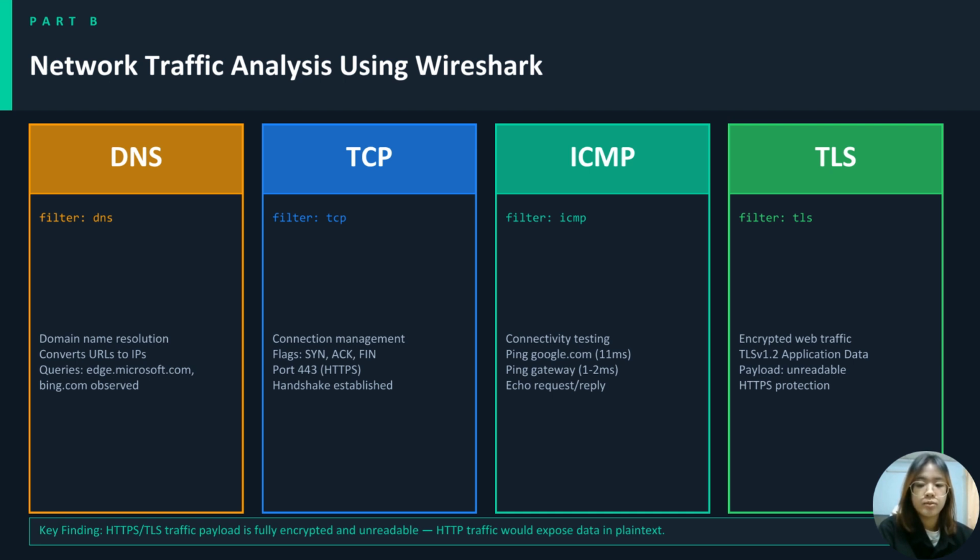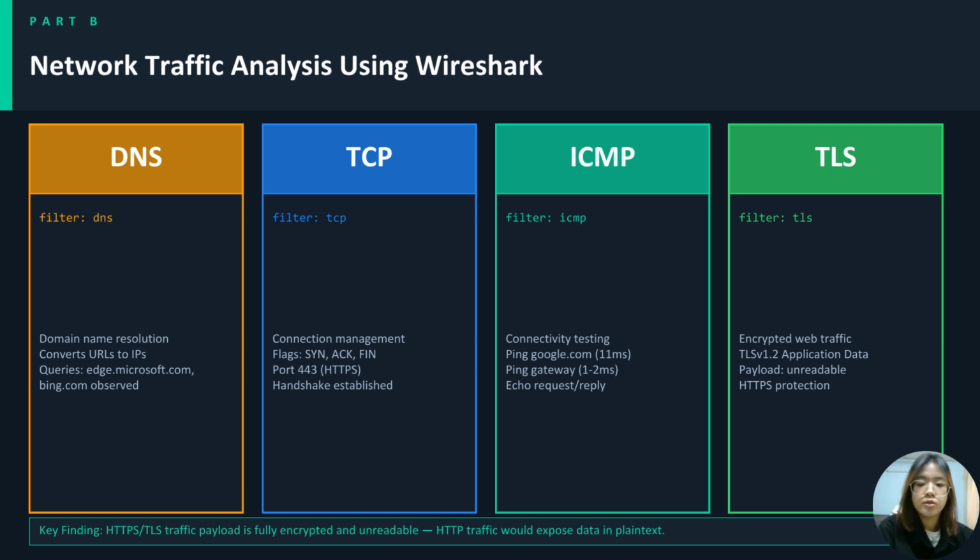This demonstrates how DNS operates in the background whenever websites are accessed. From a security perspective, DNS traffic can reveal browsing activity. Therefore, organizations should consider secure DNS technologies such as DNS over HTTPS or DNS over TLS to improve privacy and security.